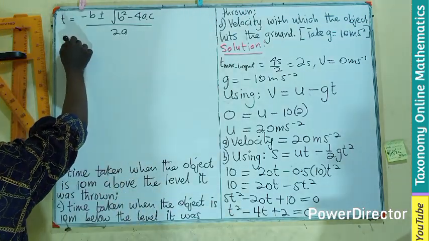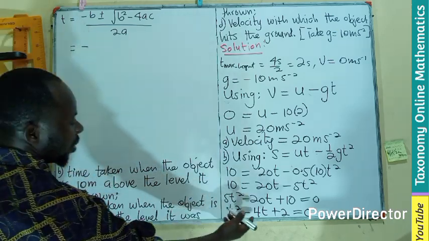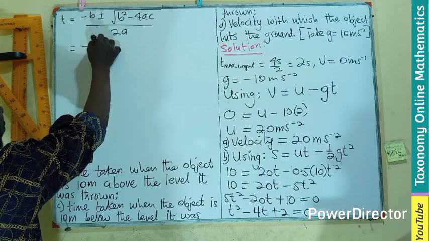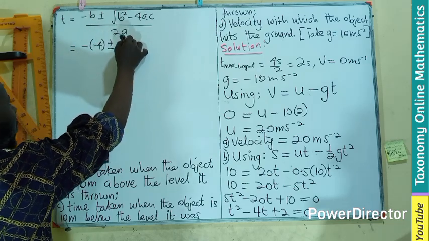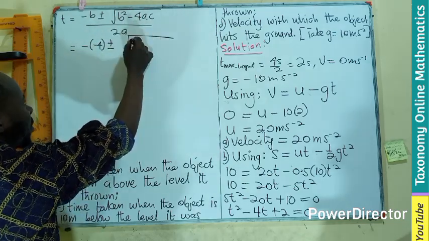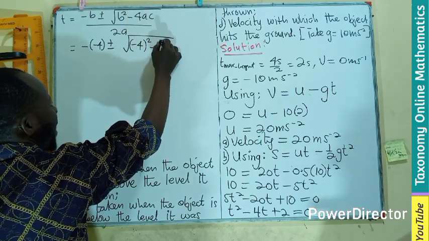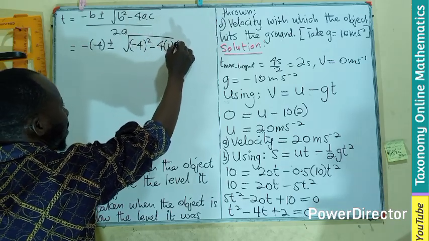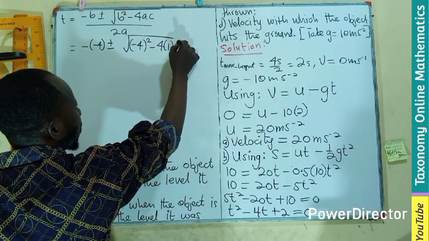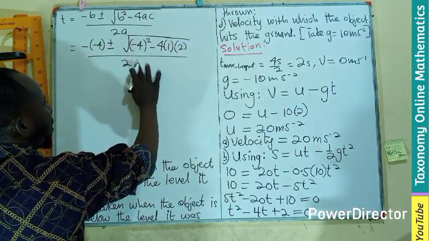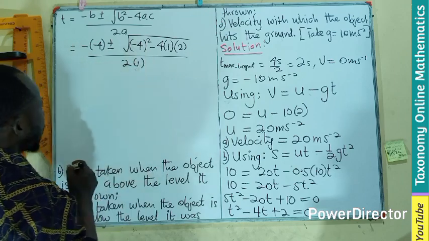So fast forward, I still have my negative b, where that will be negative 4. So I still have negative 4 plus or minus the root of b, that is minus 4 all squared, minus 4a, which is 1, c, which is now going to be positive 2, divided by 2a, and the a will still be 1.